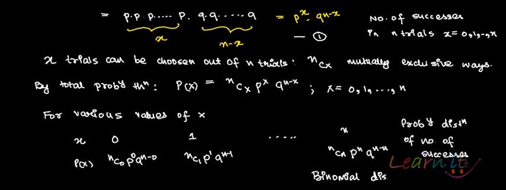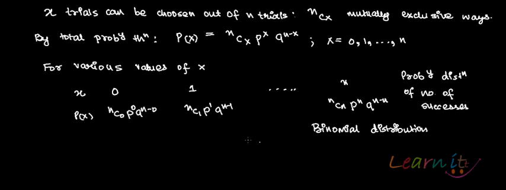Okay, this probability distribution of number of successes obtained is called the binomial distribution, because of the features which we have just defined above: all of these are independent trials, and the probability of success and failure is the same. Also note that the various probabilities are the terms in the binomial expansion. nC0 p to the power 0 q to the power n minus 0, nC1 p to the power 1 q to the power n minus 1, and so on.